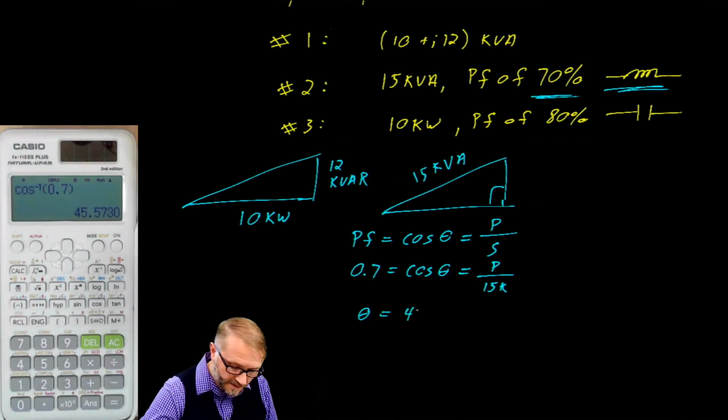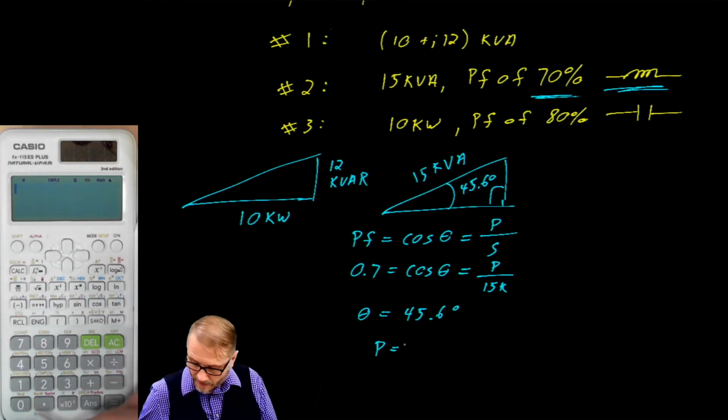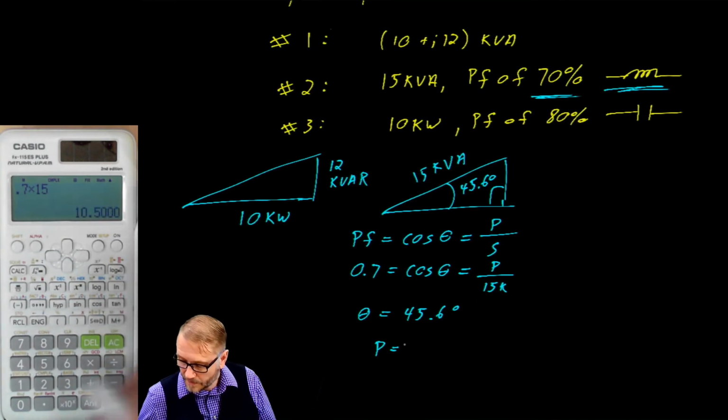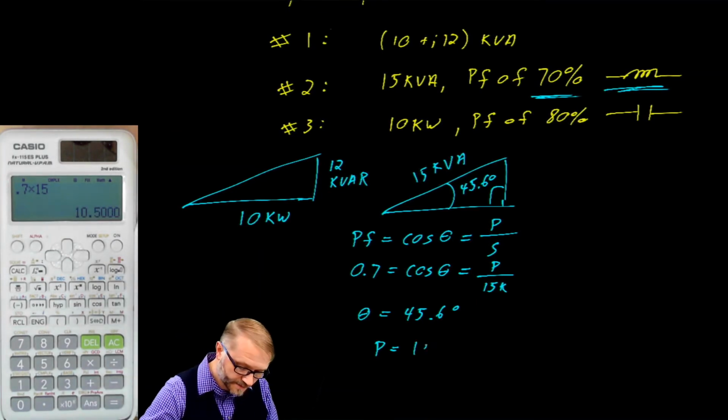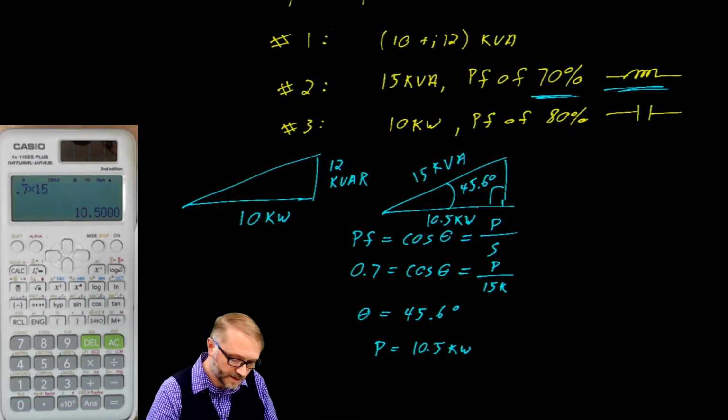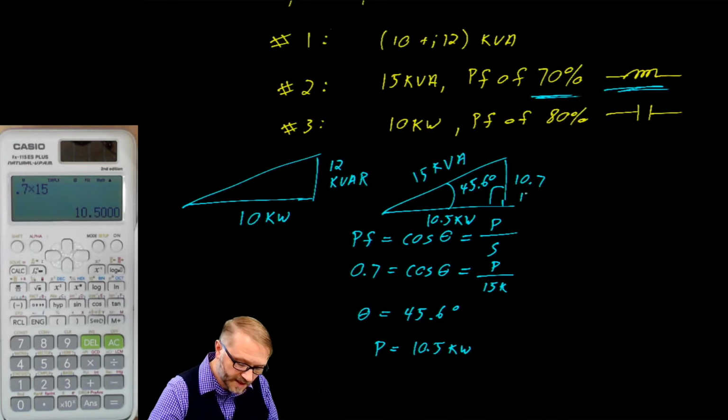So that's an angle of 45.6 degrees. And the real power will be equal to 0.7 times 15, which gives us 10.5 kW. And using Pythagorean theorem, you'll find that this is 10.7 kVAR.